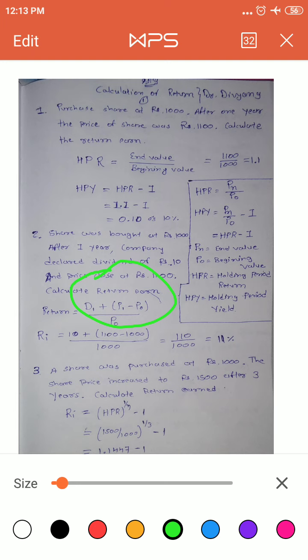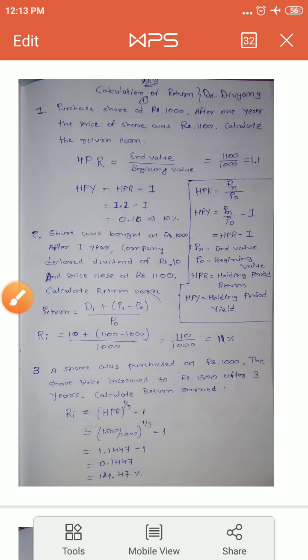Here D1 stands for the expected dividend at the end of the year, P1 stands for the price at the end of the year, and P0 is the beginning value. Putting in the values: 10 rupees is my dividend, plus 1100 is my end price, minus the beginning value 1000, whole divided by 1000. If you solve this equation, you will have the answer of 11%.